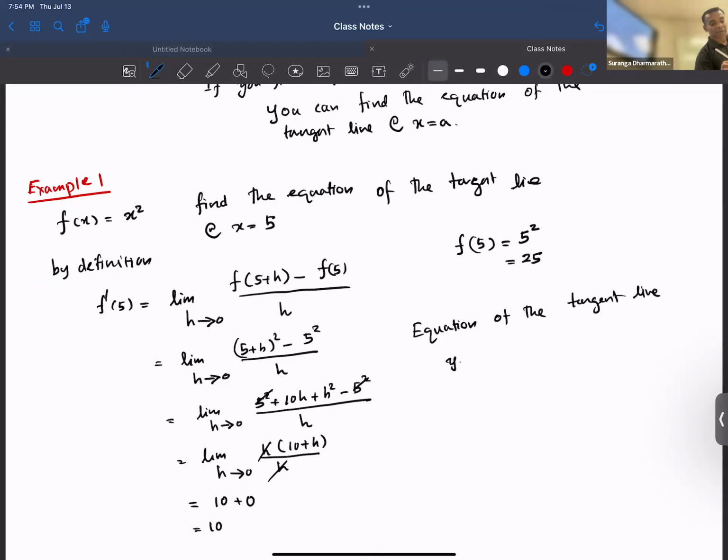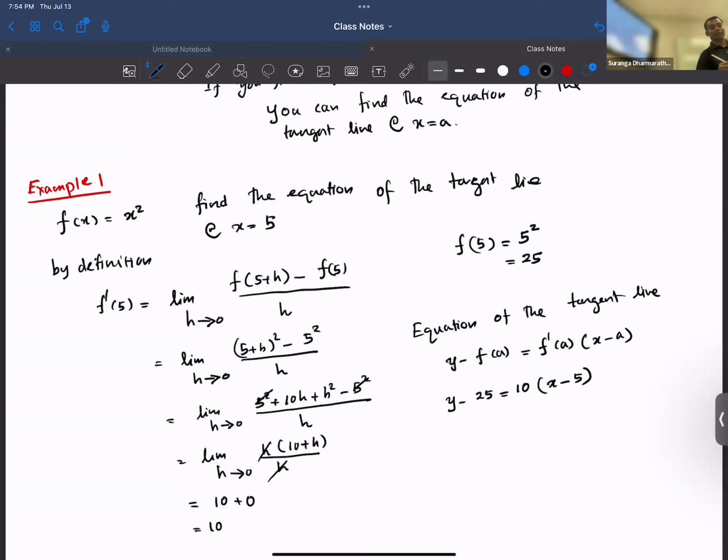It is y minus f of a, right? Y minus f of a equals f prime a times x minus a. This is the general equation. So it's y minus f of a, which is 25, equals f prime a, which is 10, times x minus 5.